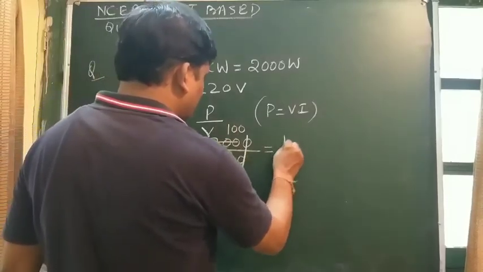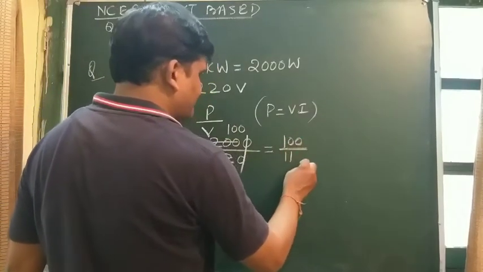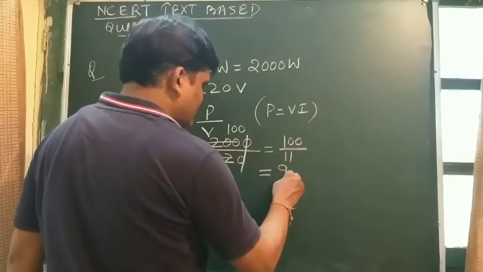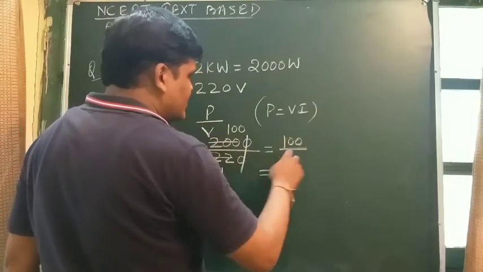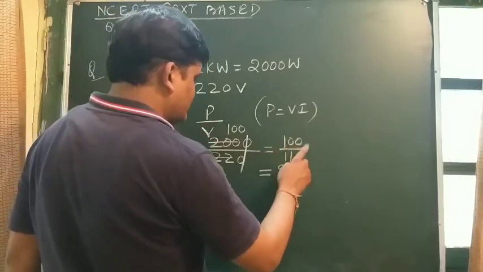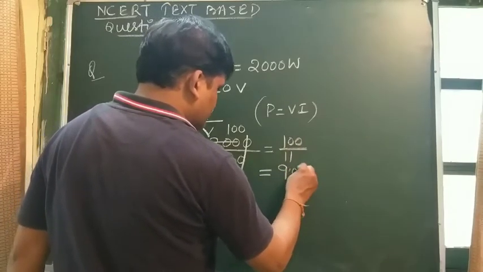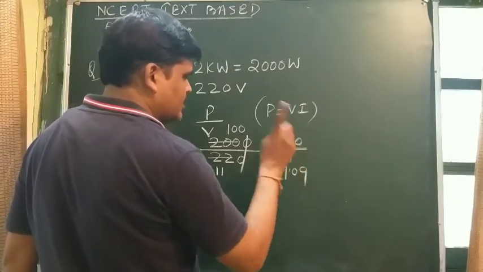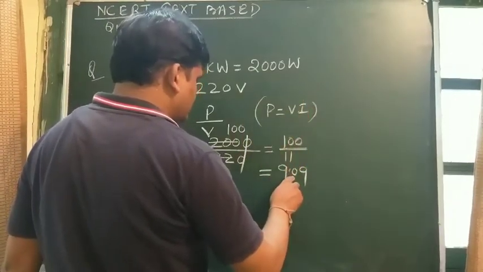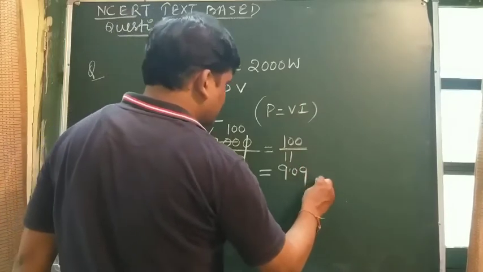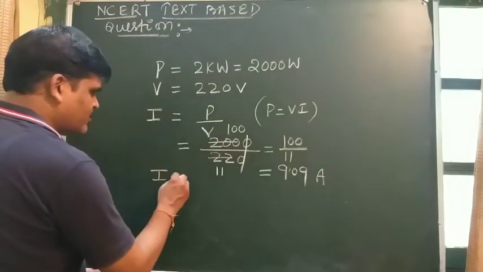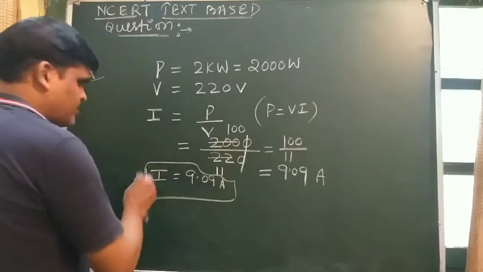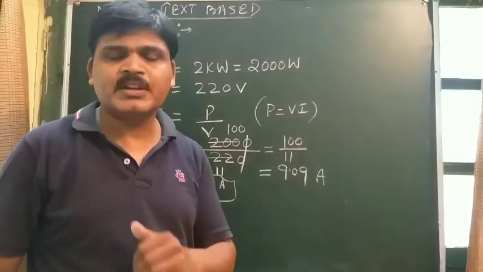So it comes out to be 100 by 11, and after solving, it is 9.09 ampere. So the current drawn by this electric oven is 9.09 ampere.